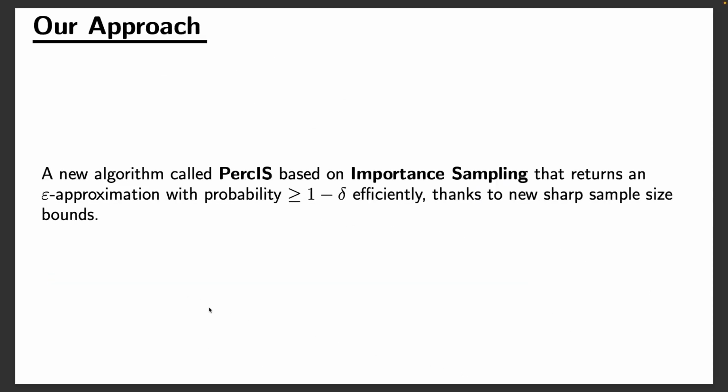And here we propose a new algorithm called PURCHASE that is based on importance sampling, that returns an epsilon approximation with probability at least 1 minus delta efficiently. And this happens thanks to new sharp sample size bounds. The high-level idea of our algorithm is to use importance sampling to prioritize a couple of nodes S and T that contribute more to the approximation of the percolation centrality.